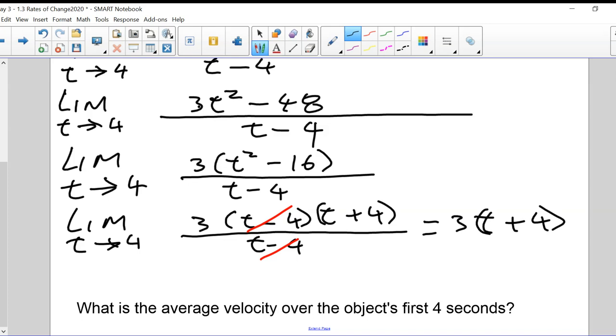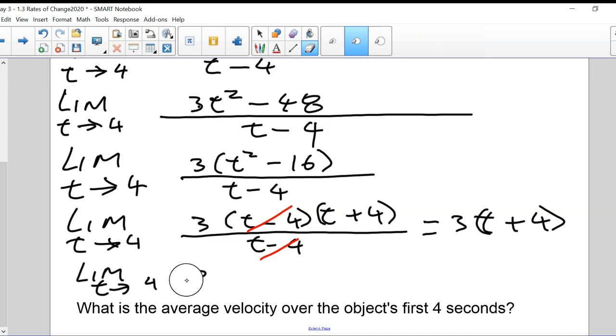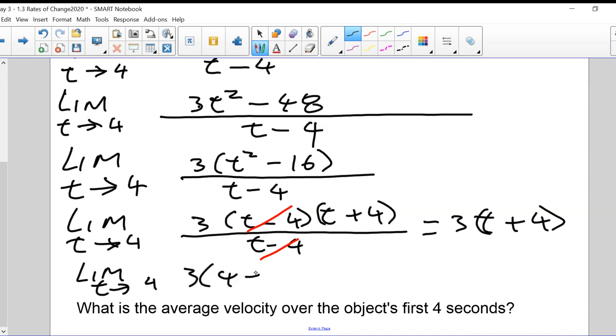So now we can ask the question of what happens as t approaches 4, because we can actually put 4 into the function this time, right? That would be equal to the limit as t approaches 4, which would just simply be 3 times 4 plus 4, which of course is equal to 24.